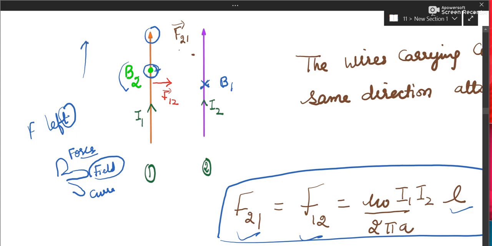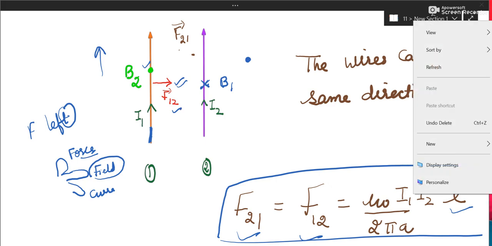Keep it like this. First finger towards the roof of the left hand, second finger along this. Just listen and do what I am saying with the left hand. You will be able to do. First finger of the left hand towards the roof, this is B2, the magnetic field. Second finger towards this. Where is your thumb? Thumb is this. This is force, force on the first wire due to the second. If you have got it, you have understood the rule. Otherwise, you need to practice more.